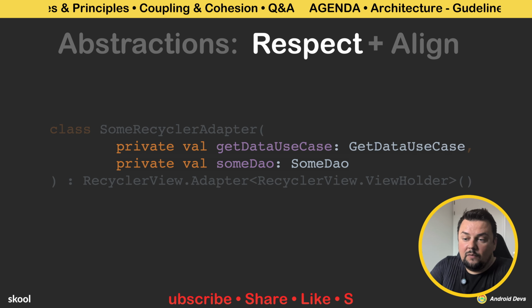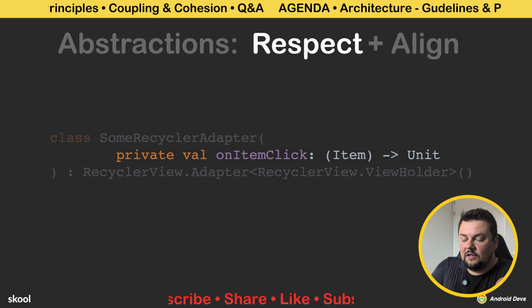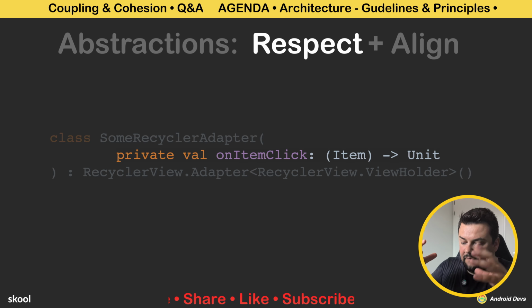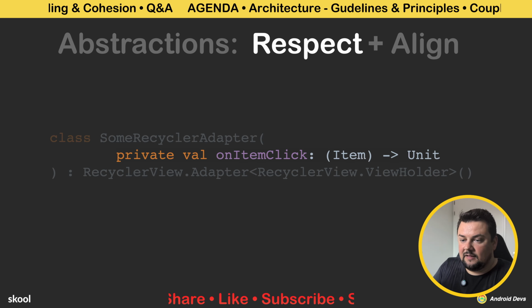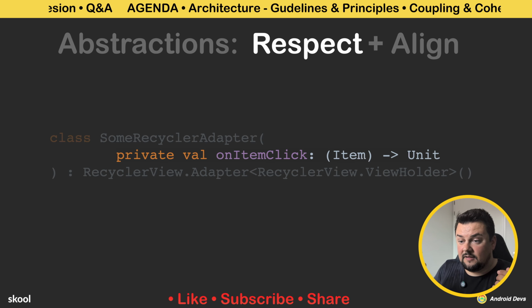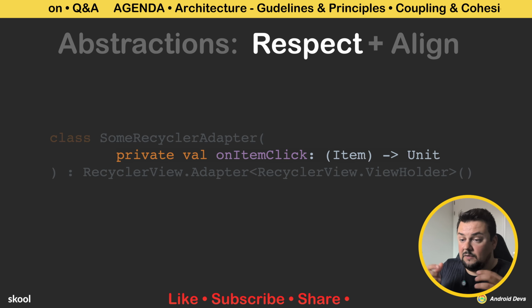What we would mostly like to do in this case is expose a callback, because this adapter is a UI element. We have some items there and we can do operations on these items, but when we perform an operation, it would come back in the form of a callback.